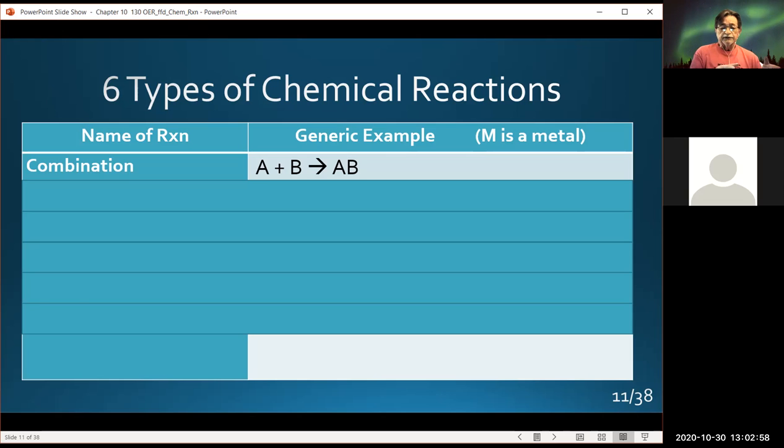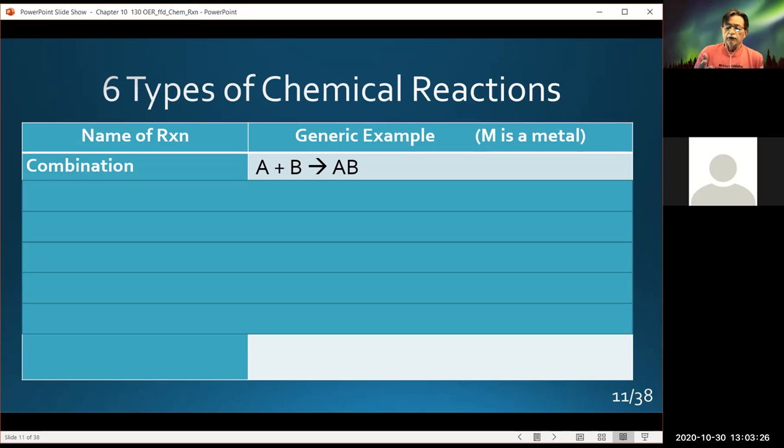The first type, this is the slide we ended up on, is what we call a combination reaction. In this scenario, the majority of the time, you have 2 elements coming together to form a compound. In this generic equation, we have A plus B to give us AB, whatever AB may be.